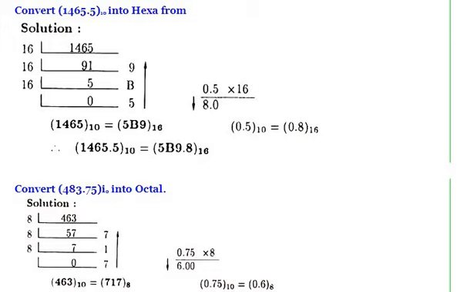In the previous case it's base 2, so multiplied by 2. Here it is base 16, hexadecimal notation, multiplied by 16. So it is 0.8. So 1465 is 5B9. So 5B9.8 is the answer.